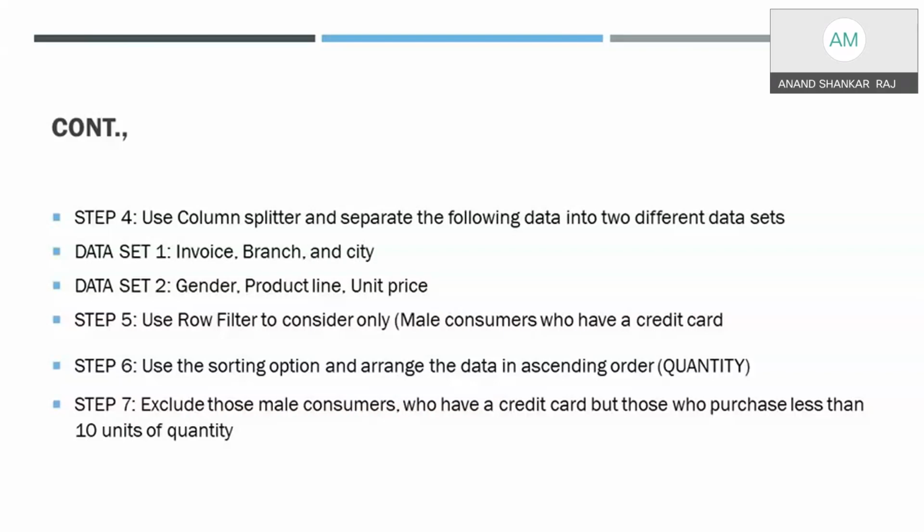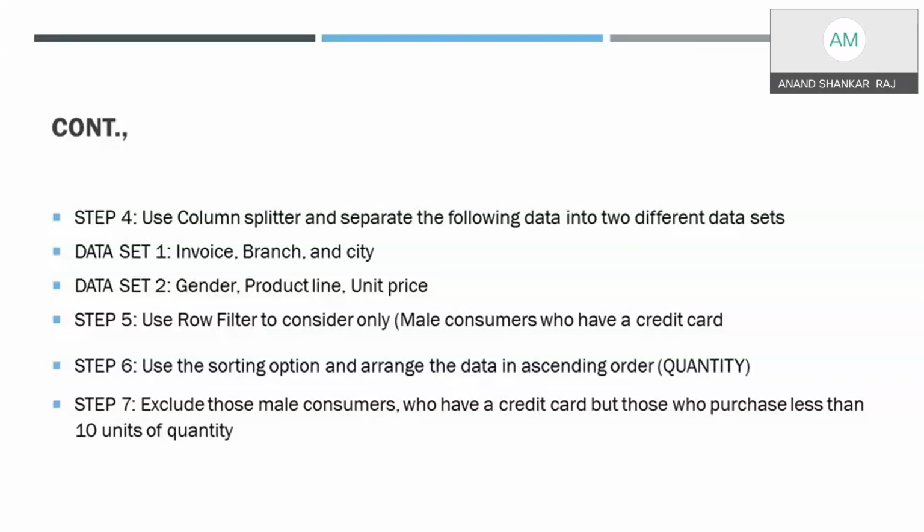Step 7: exclude those male consumers who have a credit card but purchase less than 10 units of quantity, right? Consumers might purchase different quantities of products with a credit card.